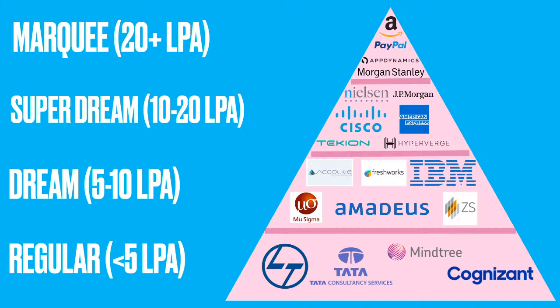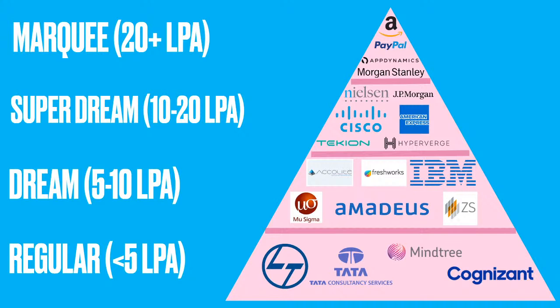So also, let's look at the companies which come for each of these bands. For 20 plus LPA, we usually get Amazon, PayPal, App Dynamics, Morgan Stanley, and the big banner companies we expect from 20 plus LPA.